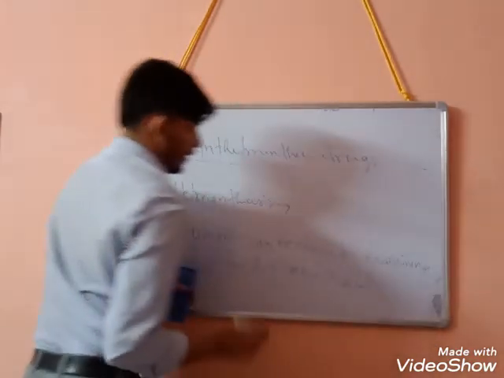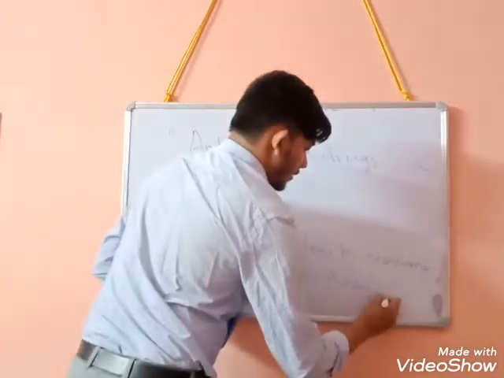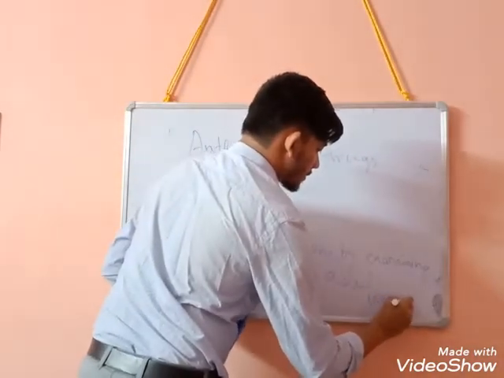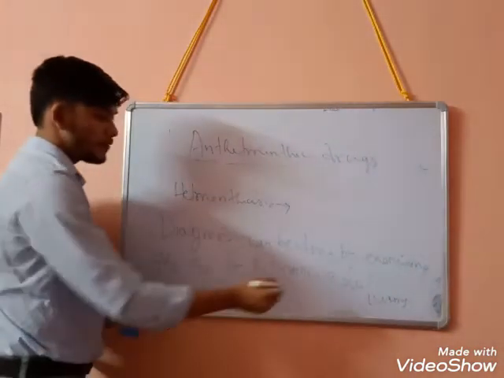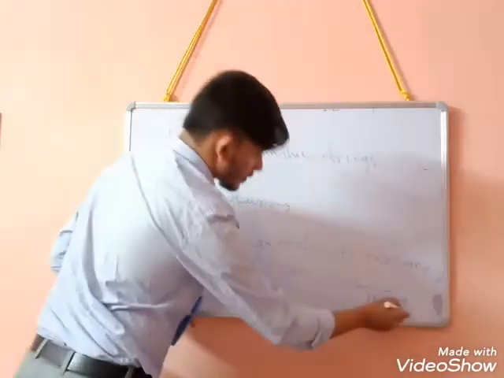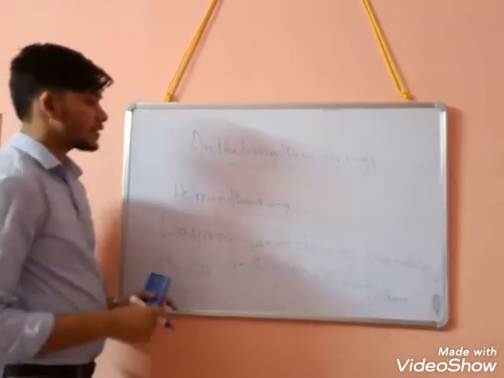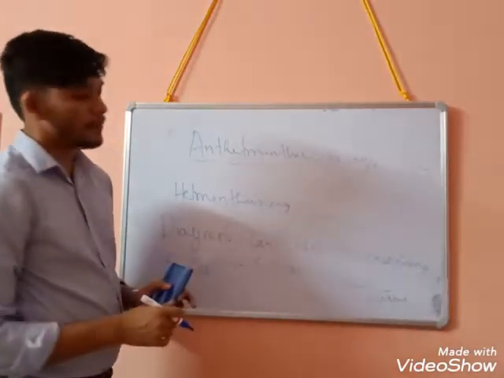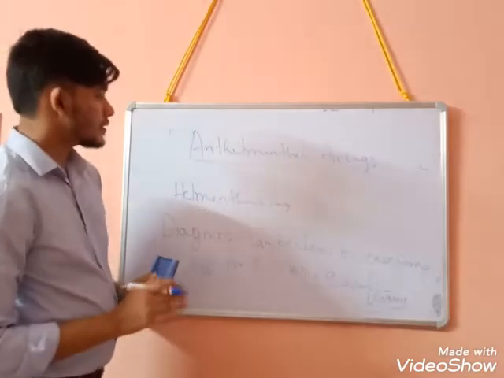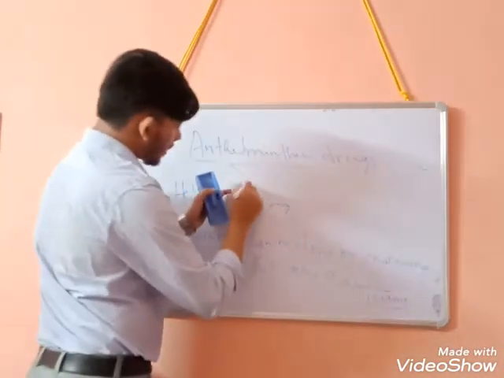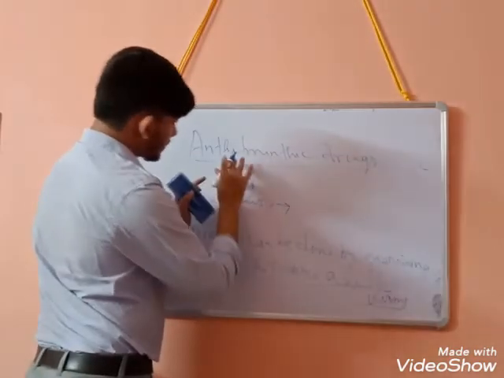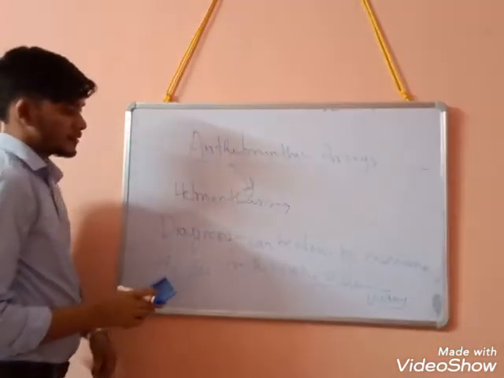If any adult worm is there in the feces, and you analyze the feces and find that some adult worms are there, then you can be sure that this person is having helminthiasis. At that time you have to prescribe this type of anthelmintic drugs.